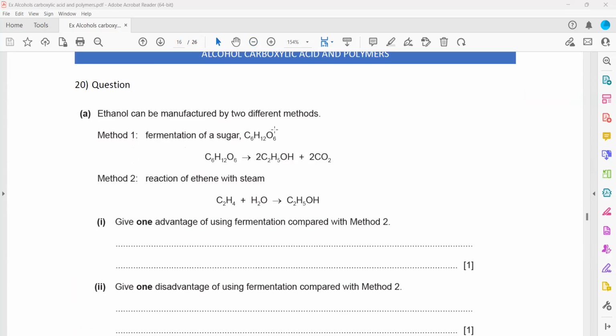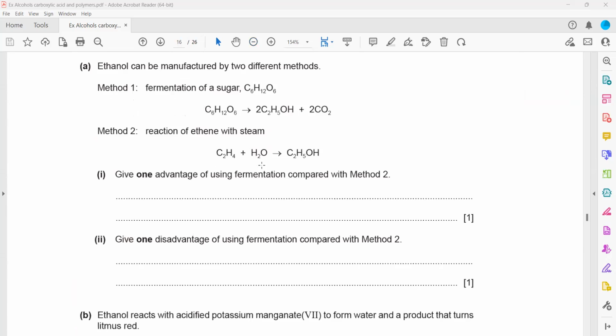Ethanol can be manufactured by two different methods. One is fermentation that we did, and another one is reaction with steam. Give one advantage of using fermentation compared to method two. It is cheaper, and renewable. One disadvantage is it does not give pure ethanol.